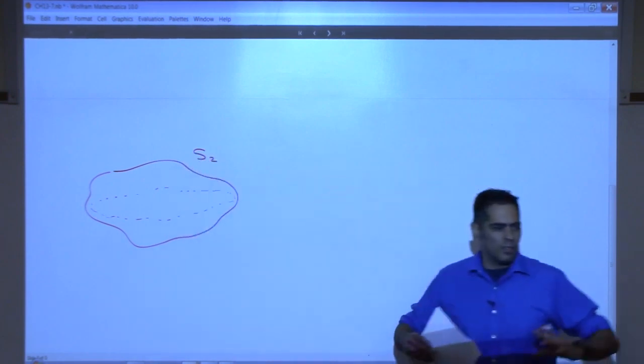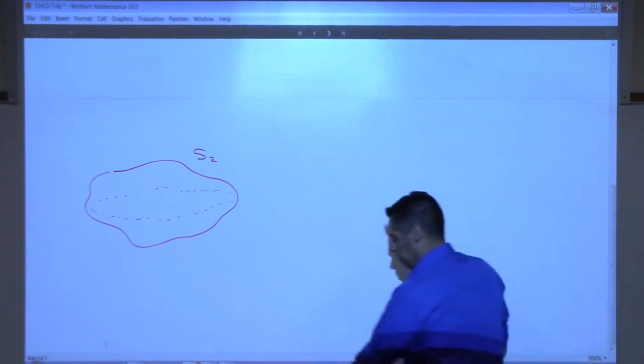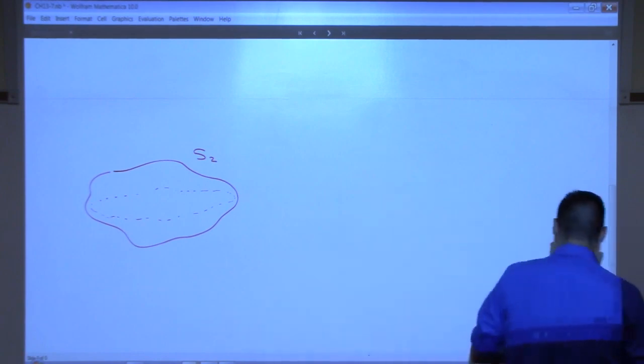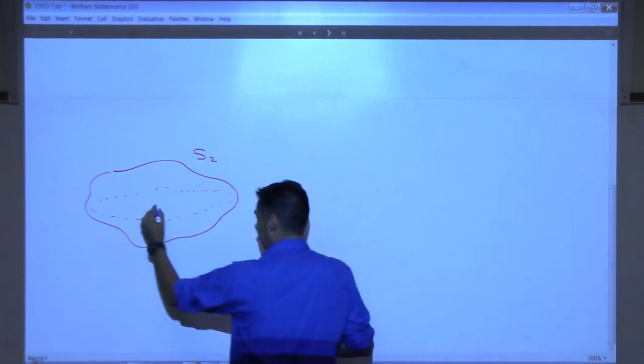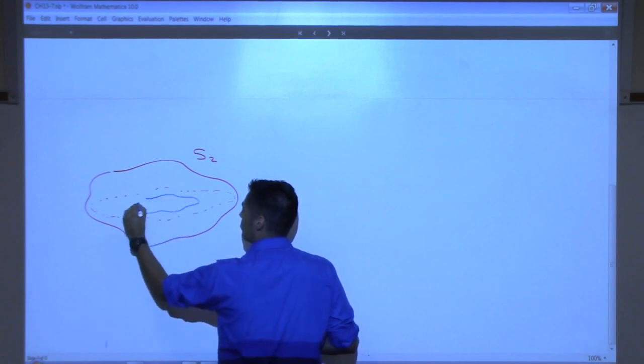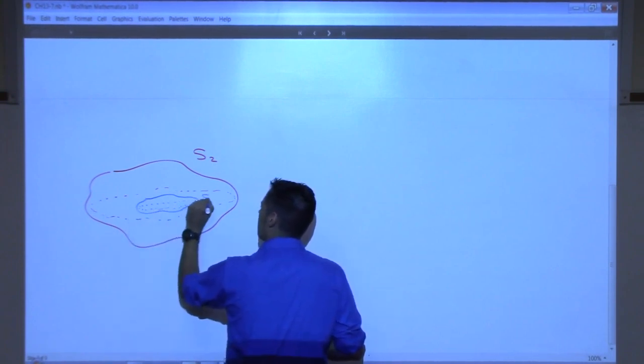And that surface S2 encloses a solid, doesn't it? I'm telling you it's closed. Now, inside of S2, I'm going to draw another surface, which again is a closed surface. And I'm going to call this one S1.